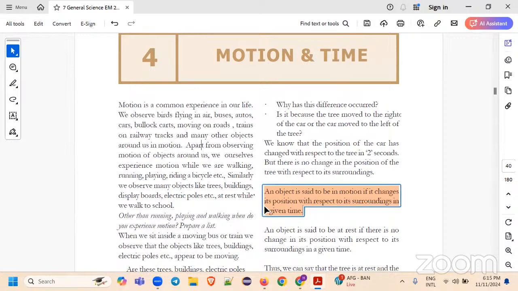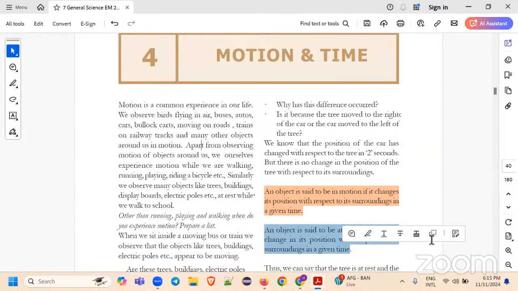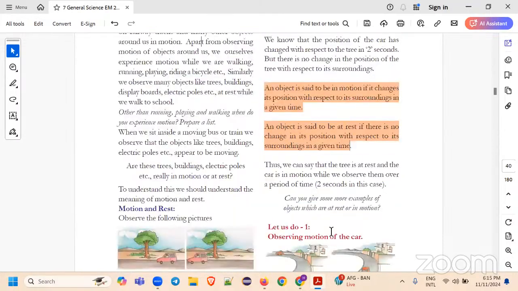An object is said to be at rest if there is no change with respect to its surroundings in a given time.